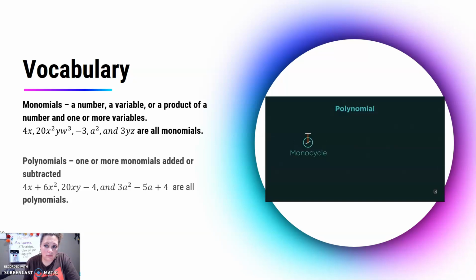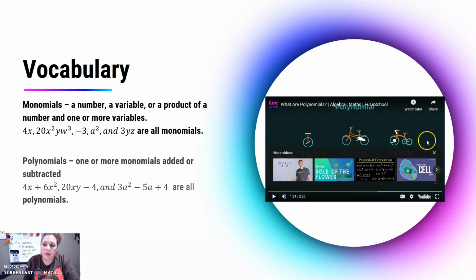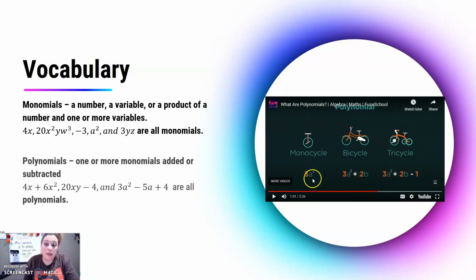Given that a monocycle has one wheel, a bicycle has 2 wheels, and a tricycle has 3 wheels, do you think you know the difference between a monomial, binomial, and trinomial?